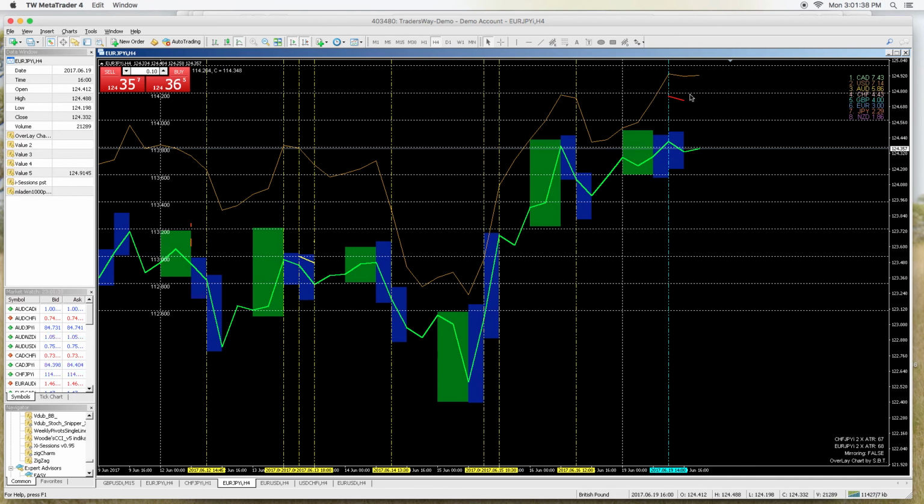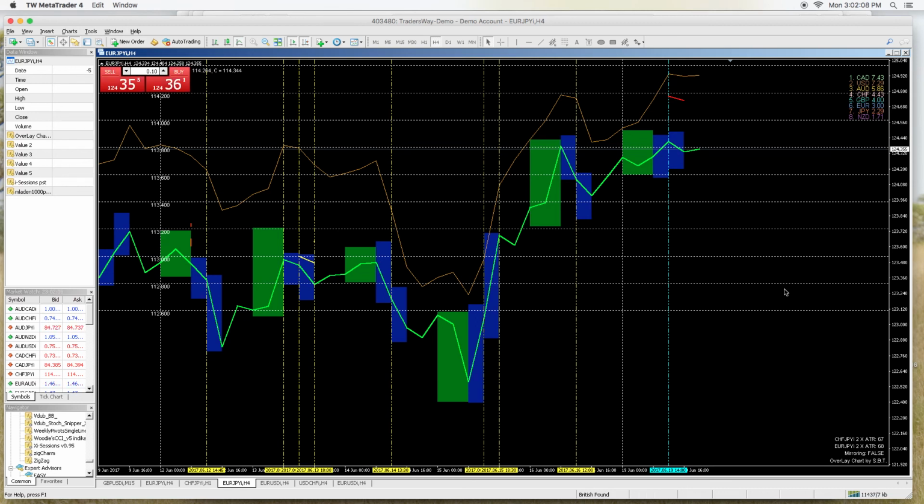Now, this is an overlay chart. As soon as you start overlaying charts, you're going to get some subtle differences. So that's why we always want to verify on the real charts that just have the one pair on them, and not try to give us the average of the two pairs.